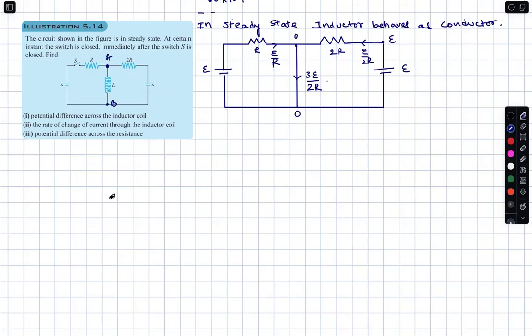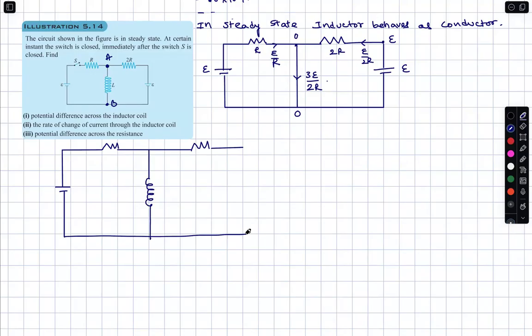Right. Now, at this situation, the moment when you close the switch: L, R, A, B. That's the deal.